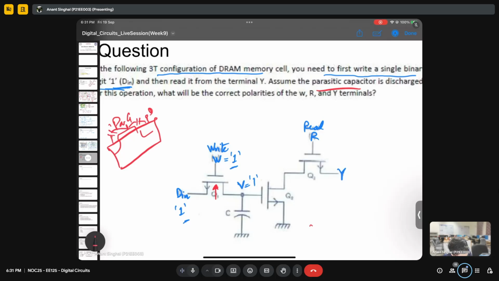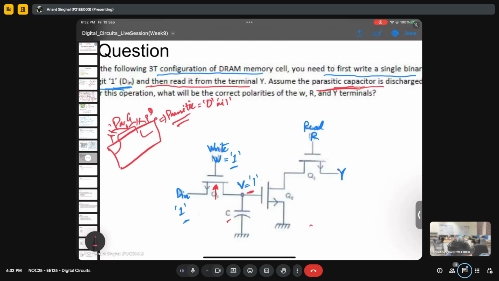All these capacitors combined are called parasitic capacitance, and they can contribute to our actual capacitance. By saying assume the parasitic capacitor is discharged, that means this effect is nil or zero. So there are no stored charges directly inside the transistor, like an ideal transistor. Clear?